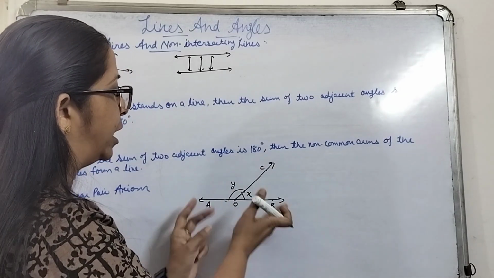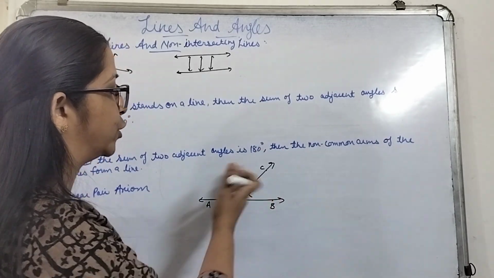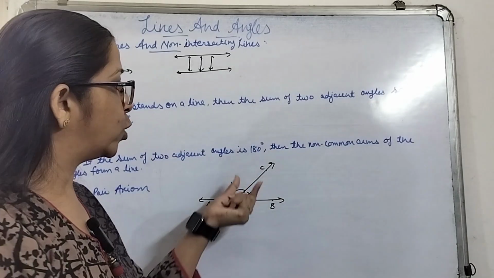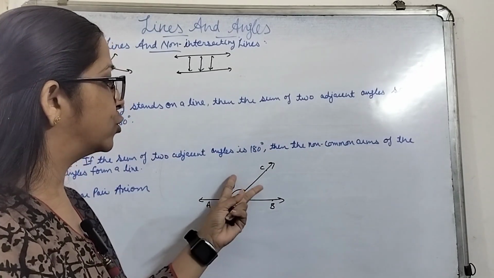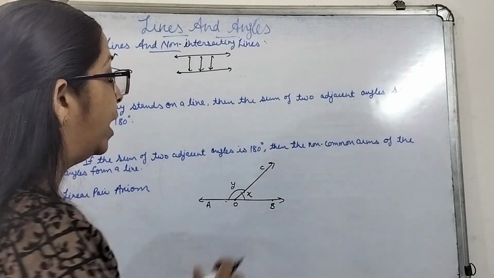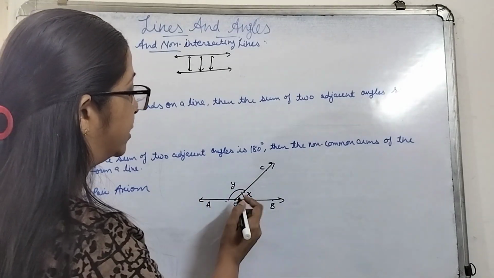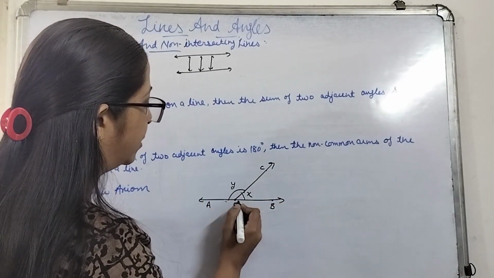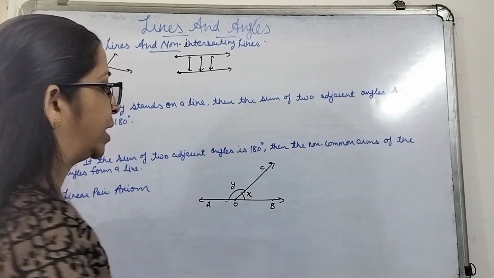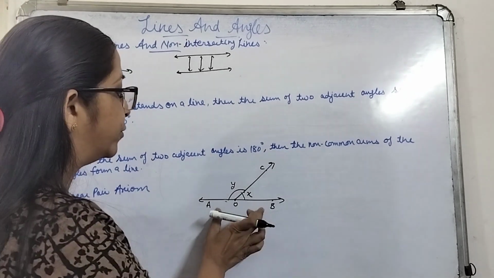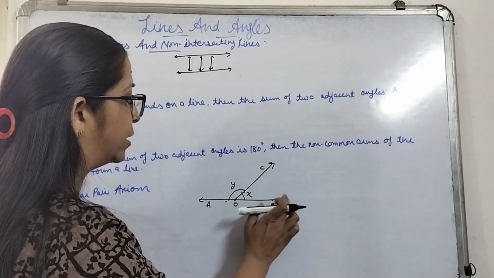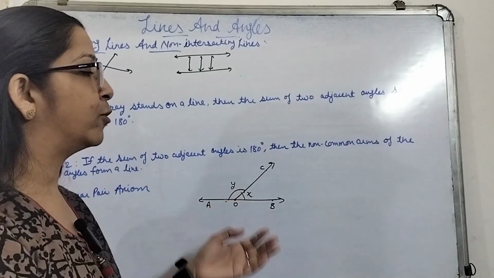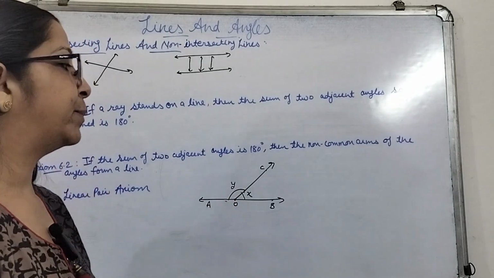The non-common arms are in opposite directions. So all three conditions are fulfilled. So these two are adjacent angles, and if the non-common arms OB and OA are forming a straight line, then these types of angles are known as a linear pair of angles.